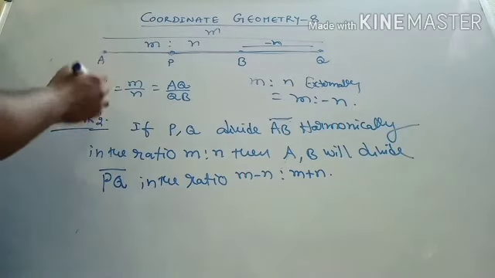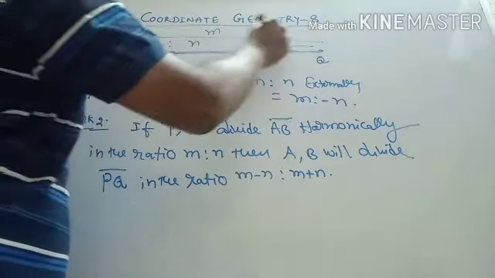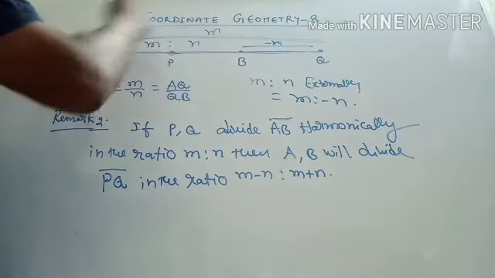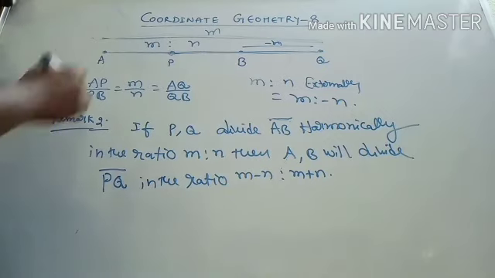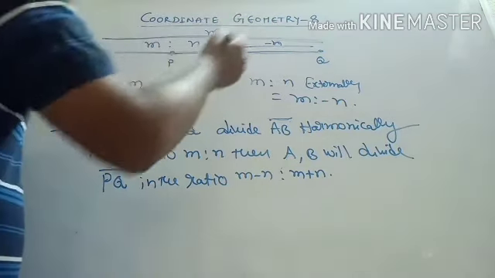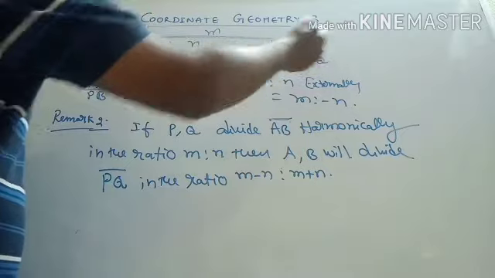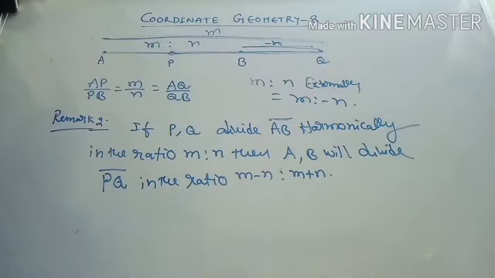Why m minus n? You have got this total is m, right? This AQ by BQ, right? This total is m and BQ is nothing but minus n. That's why you have got m minus n here.